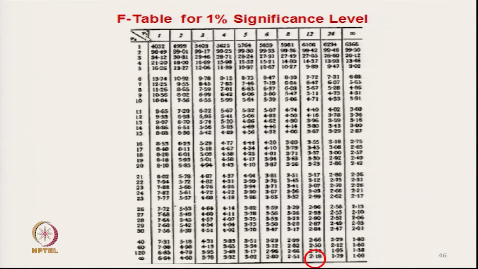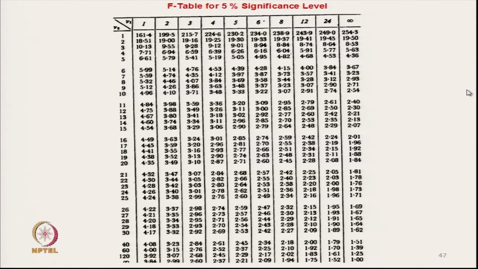The degree of freedom is 12 for V1, that is for sample 1, and infinity for the other. It is coming out to 2.18. It is not clear, but it is 2.18 at 1% significance level. Similarly, for 5% significance level, it is 1.75.